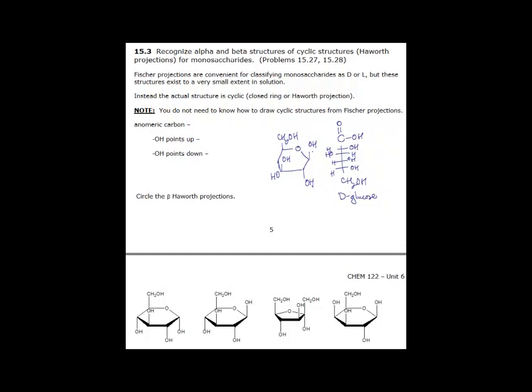What we do want you to recognize is whether you have an alpha or a beta monosaccharide based on the Haworth projection. How do you determine if you have an alpha or a beta Haworth projection? Well, you look at the anomeric carbon. The anomeric carbon is the carbon that bears two oxygens.